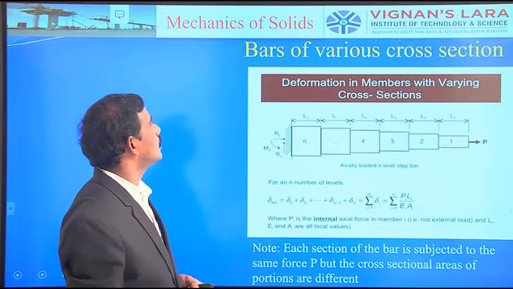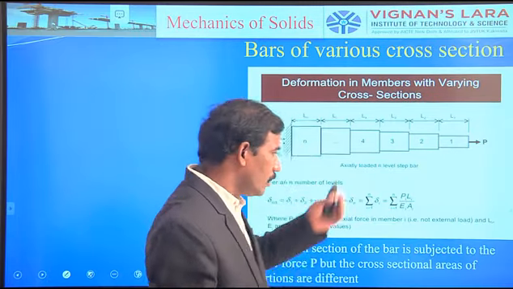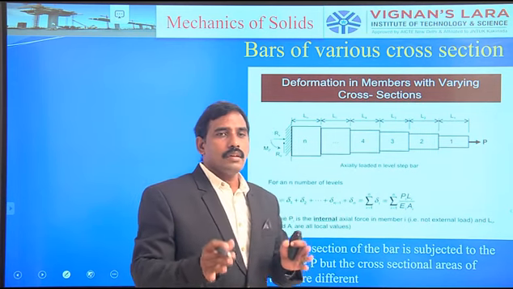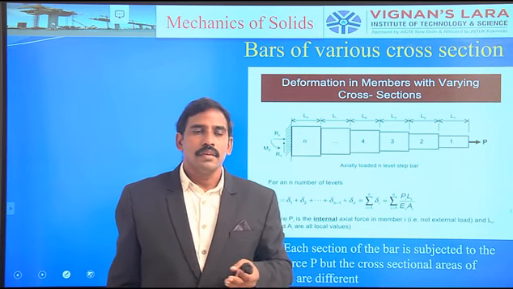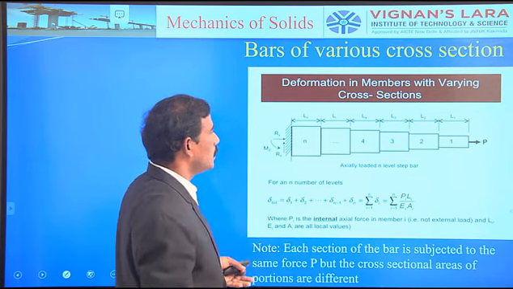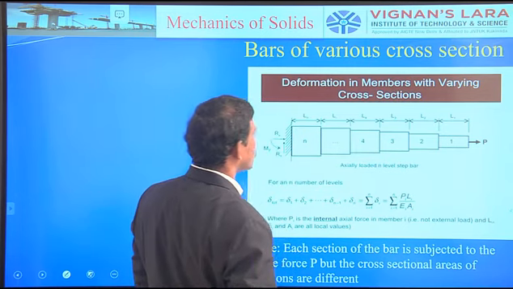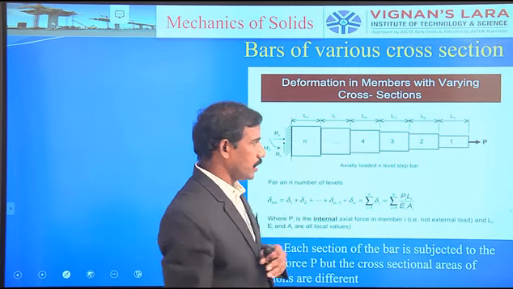Then go for bars of various cross sections. In the experiment, we just considered a bar of uniform cross section. As per the requirement or function, bars are made up of different cross-sectional areas subjected to a particular load as shown in the figure.